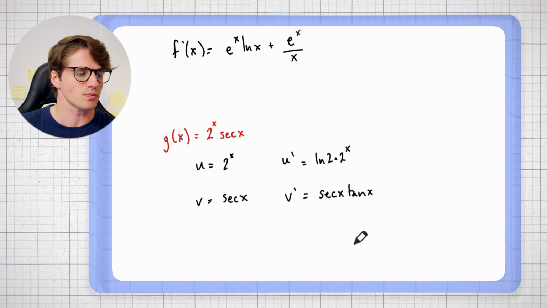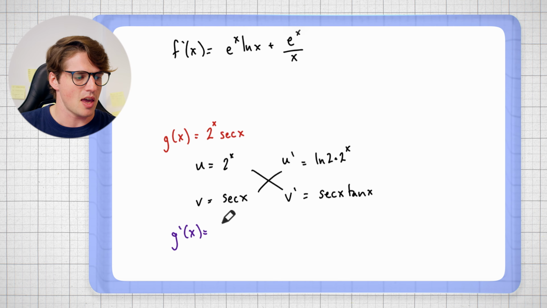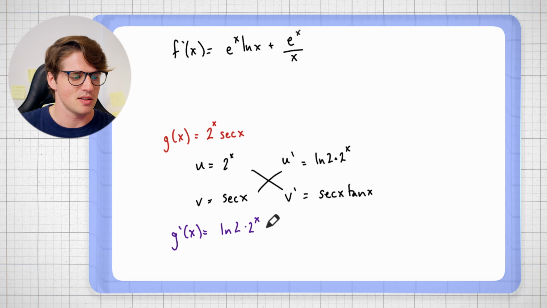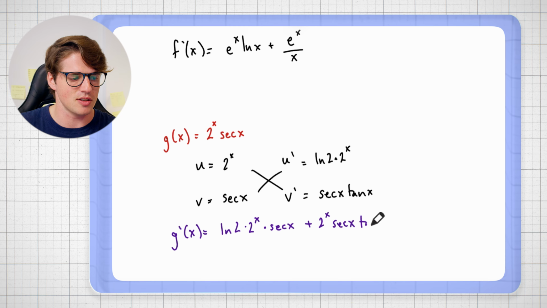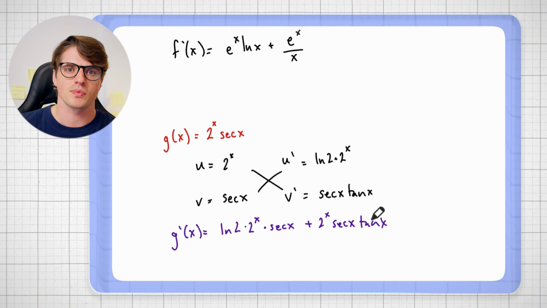Okay, now our full derivative, our g prime, is ln 2 times 2 to the x times secant x plus 2 to the x secant x tangent x.